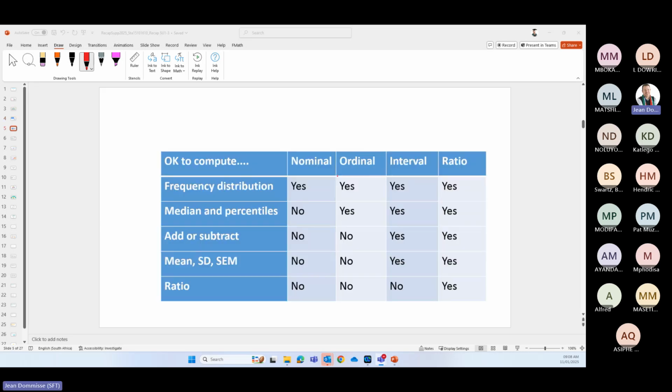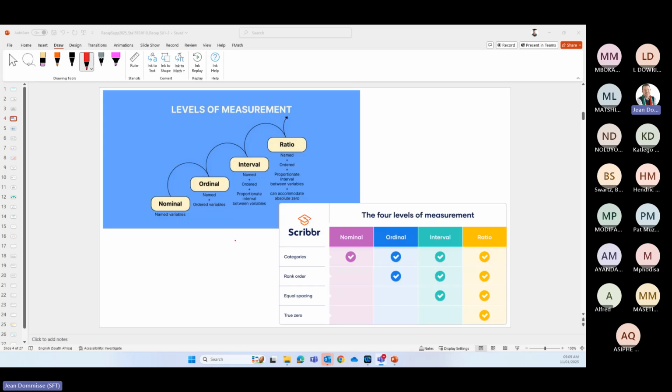With nominal, you can't do a lot. You can set up a frequency distribution, but you don't know anything about the median, and you don't have anything about the mean or standard deviation. So there's nothing you can do with nominal except counting how many are in each group.